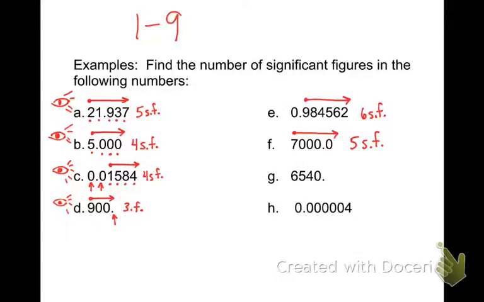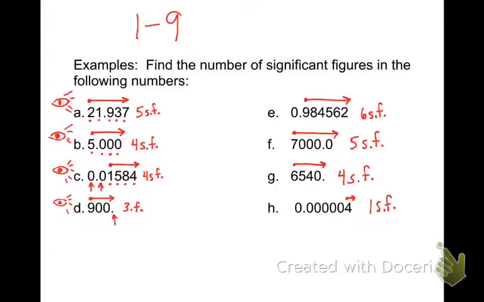Taking a look at the next one, we've got our decimal, so we place our dot over the first non-zero digit. We've got 4 significant figures. And then next one for H, whoopsies, that was silly. For H, we've got our decimal that is present. We place our dot over the first non-zero digit, draw a teeny tiny little arrow, and we've got 1 significant figure.